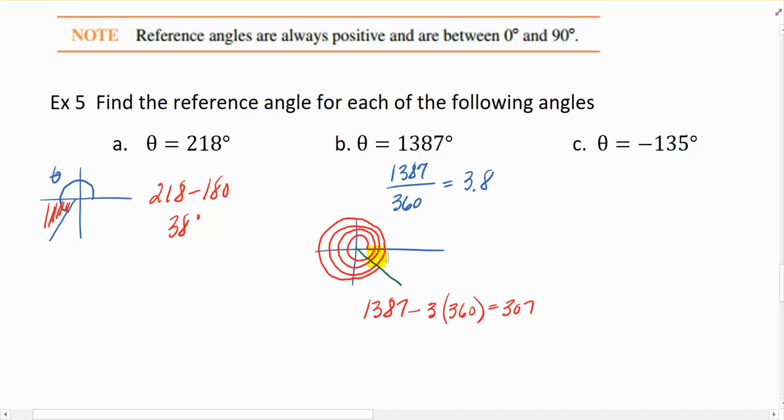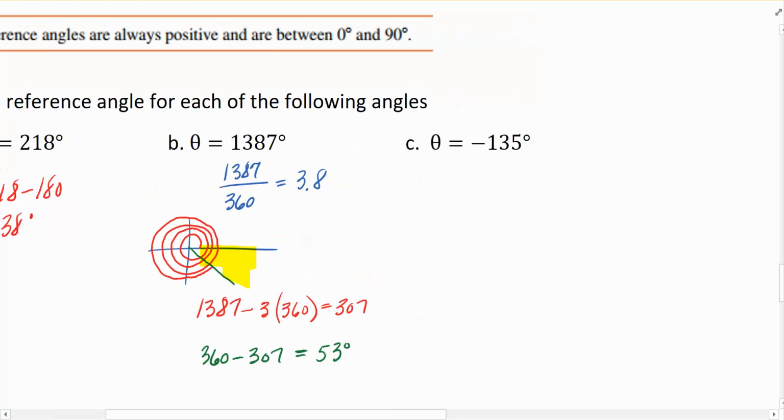What is this little pie shape that is the remaining value between the 4th quadrant and all the way around to the 360? We find that by taking 360 minus the 307 degrees, and we see that value is 53 degrees. So 1387 and 307 are coterminal to each other, but 53 is the reference angle for these. It's kind of confusing when you start thinking of reference and coterminal.